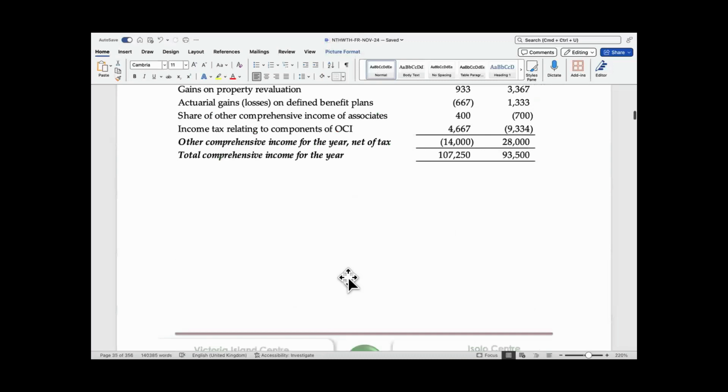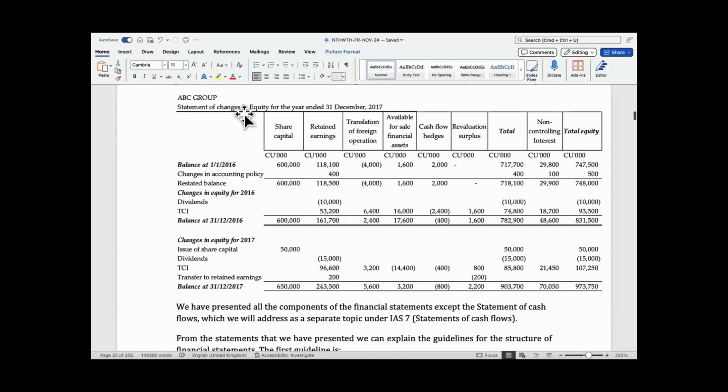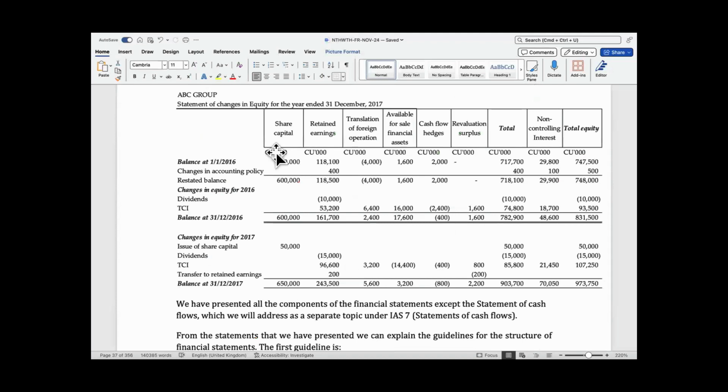And there's another one called statement of changes in equity. So these statements, normally you would prepare it before you present your statement of financial position, right? Because it's the balances in these statements that you take to the equity section of your statement of financial position.